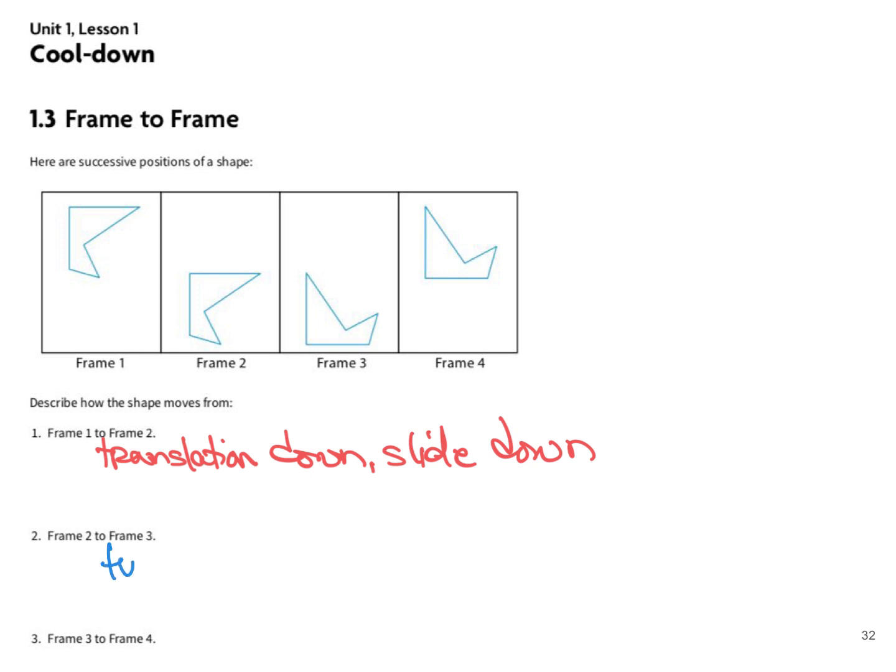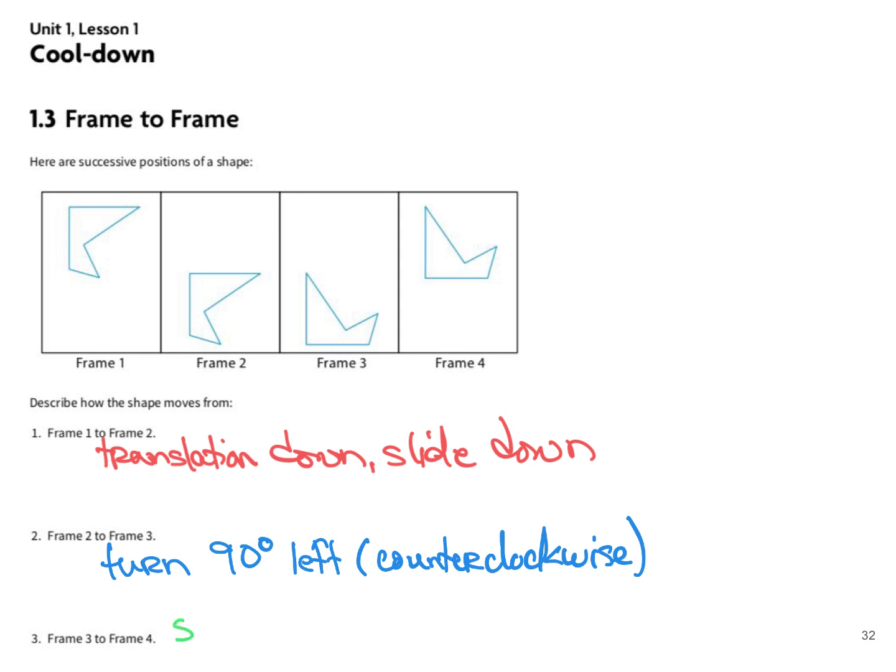We turned, and it is a 90-degree turn, and if we look at it, it's going to the left. Which way is that? That is counterclockwise. And it is also considered one turn. How do we go from 3 to 4? We are sliding up, or we are translating. So it's a translation up.